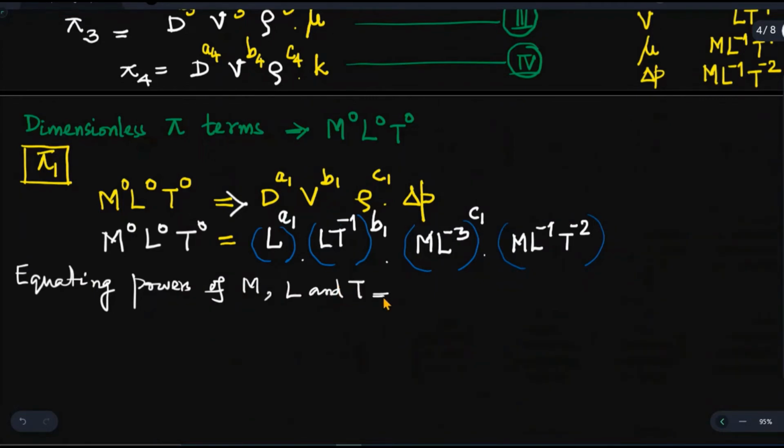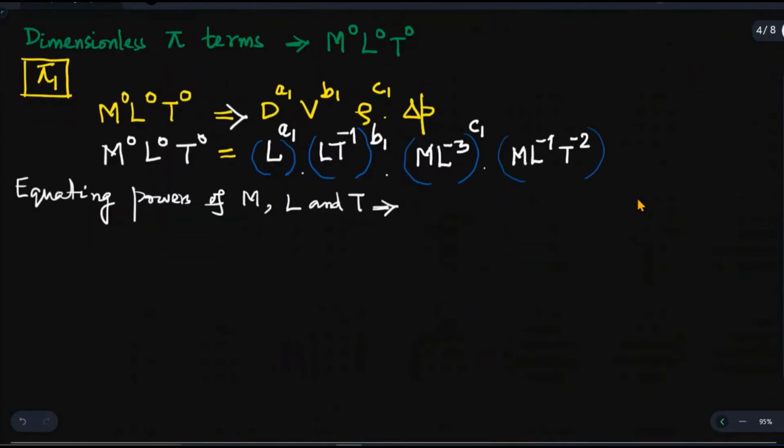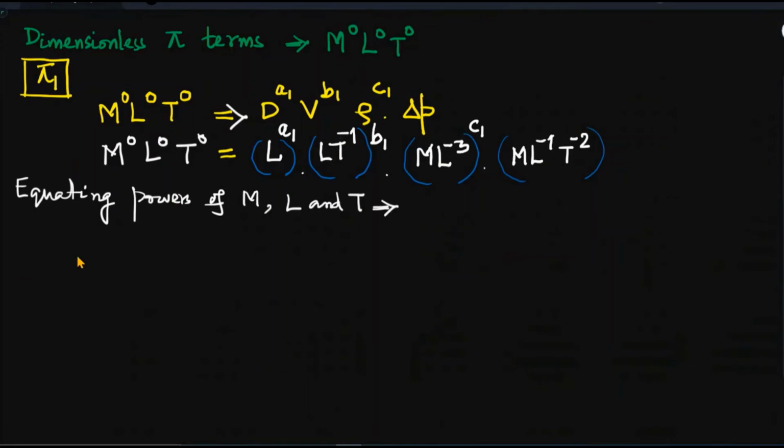So that will fetch you the dimensionless pi term, pi 1. You will be finding the indices first, a1, b1, c1, and then the pi term. So equating powers of M, L, and T.